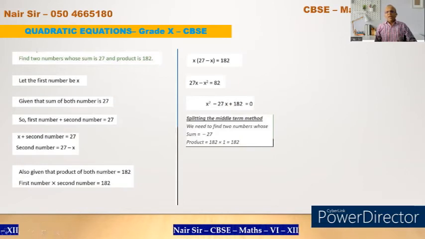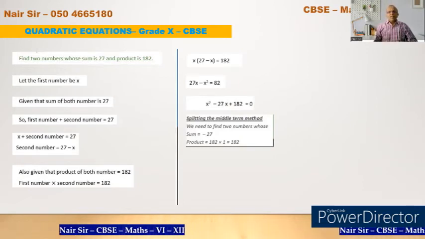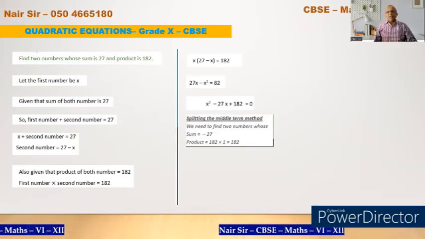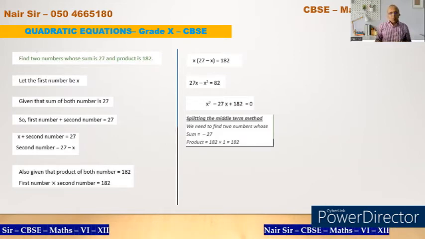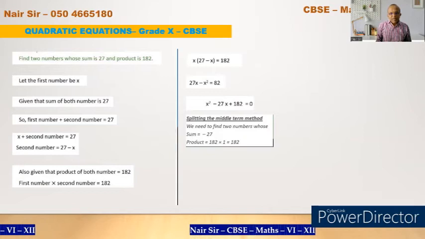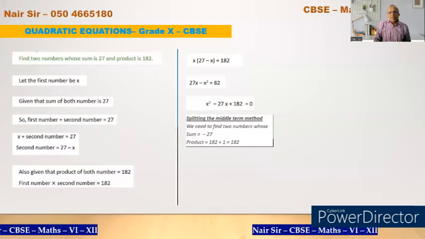What do I get? x squared minus 27x plus 182. Here, transposing has been done. I got the equation 27x minus x squared is equal to 182. I'm taking everything onto the right hand side.